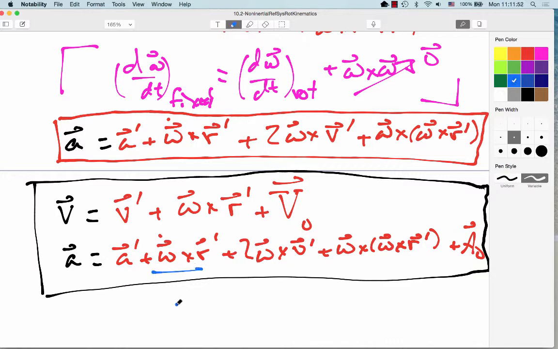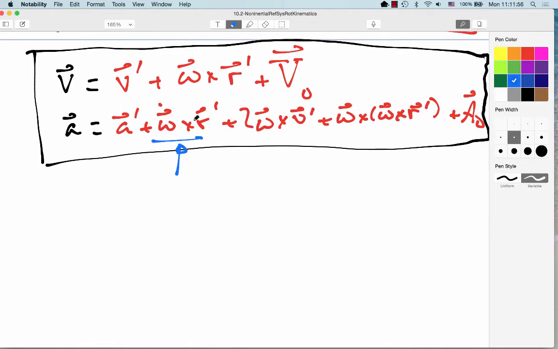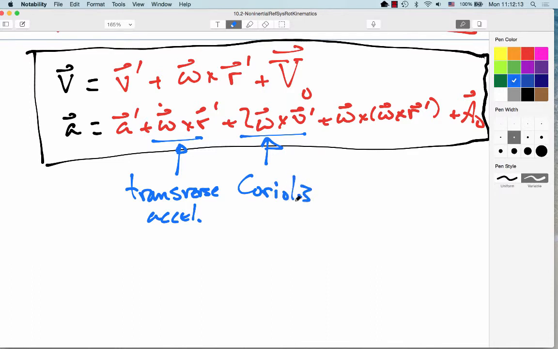This guy right here usually gets called the transverse acceleration. This 2 omega cross v prime term gets called the Coriolis acceleration. It's a person's name.